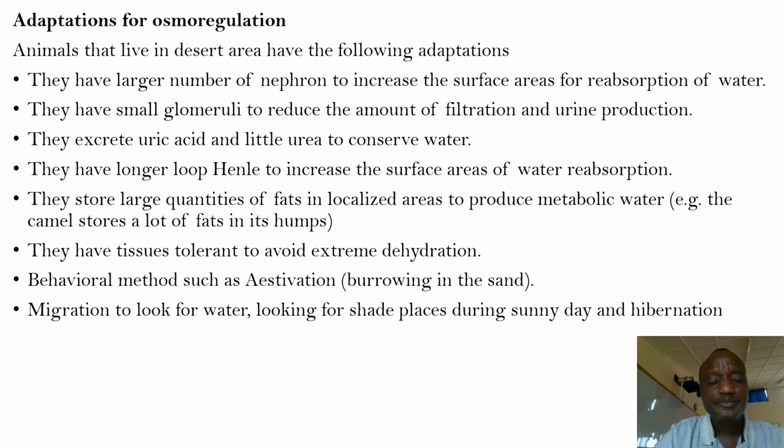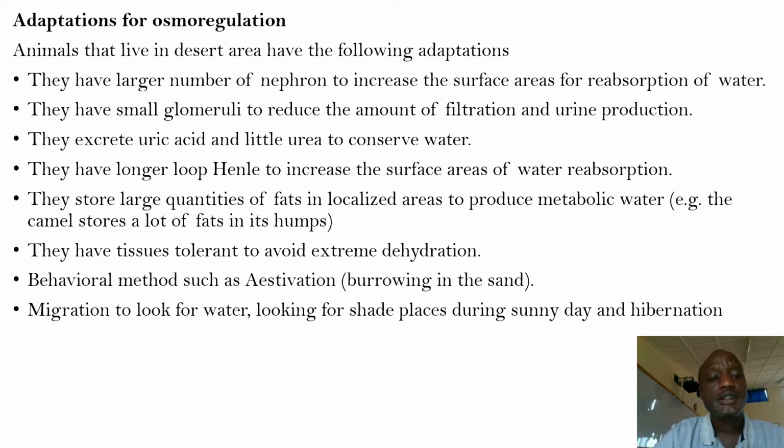Number one, they have a large number of nephrons to increase the surface area for the absorption of water. I hope you know the major function of the nephron. The greater the number of nephrons, the greater the surface area for the absorption of water.